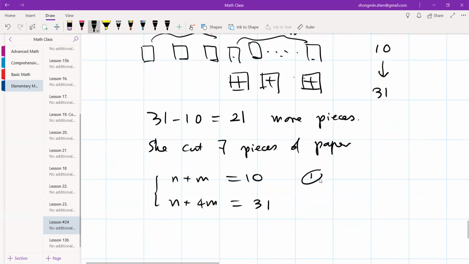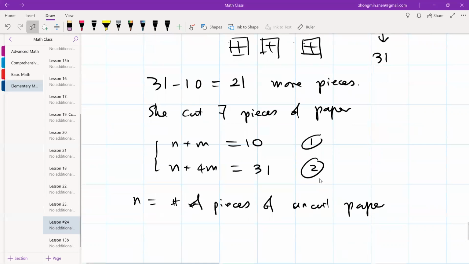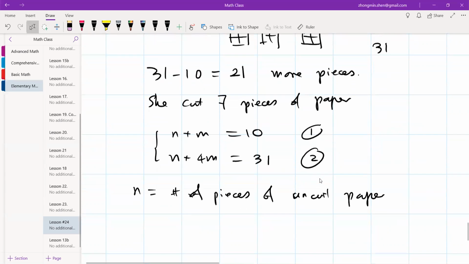That's called equation 1. That's called equation 2. N represents the number of uncut pieces of paper. M means the number of pieces of paper cut.